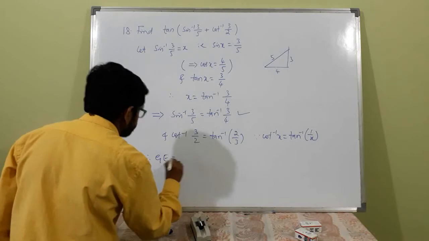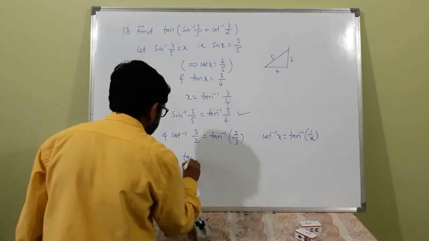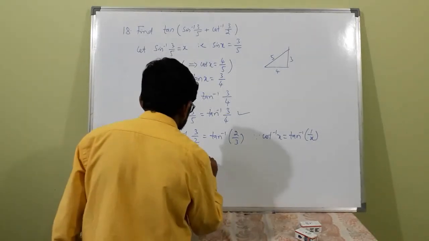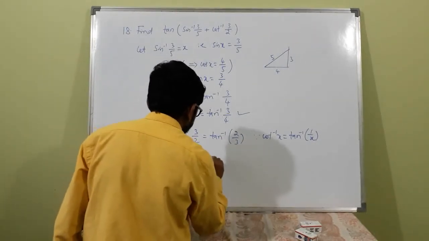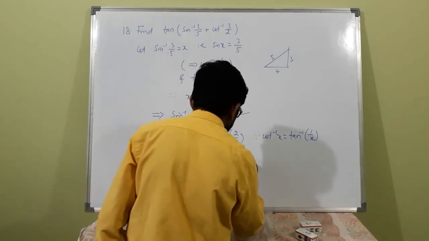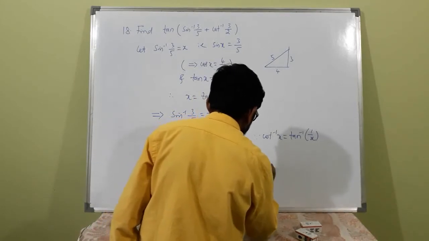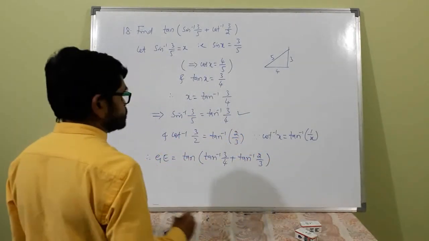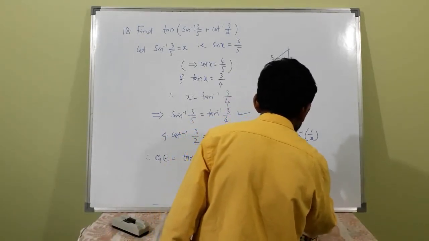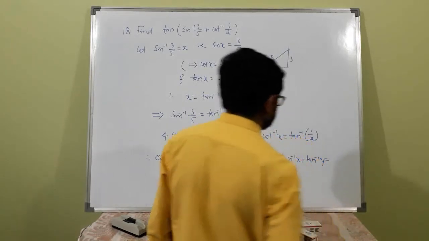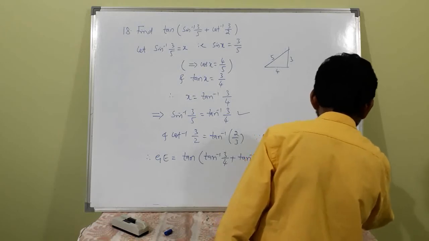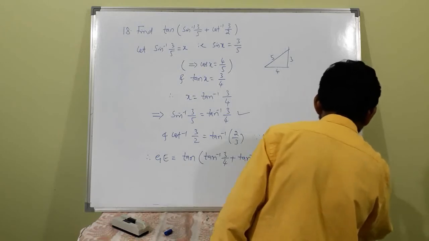So that the given expression becomes tan of (tan inverse 3 by 4 plus tan inverse 2 by 3). Tan inverse of x plus tan inverse of y is equal to tan inverse of x plus y divided by 1 minus xy.